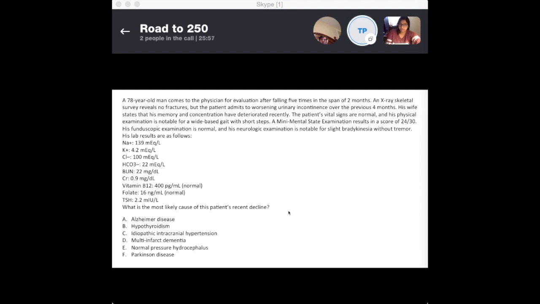The patient's vital signs are normal, and his physical examination is notable for a wide-based gait with short steps. A mini mental state examination results in a score of 24 out of 30. His fundoscopy examination is normal, and his neurological examination is notable for slight bradykinesia without tremor. His lab results are as follows. And the question is, what is the most likely cause of the patient's recent decline?